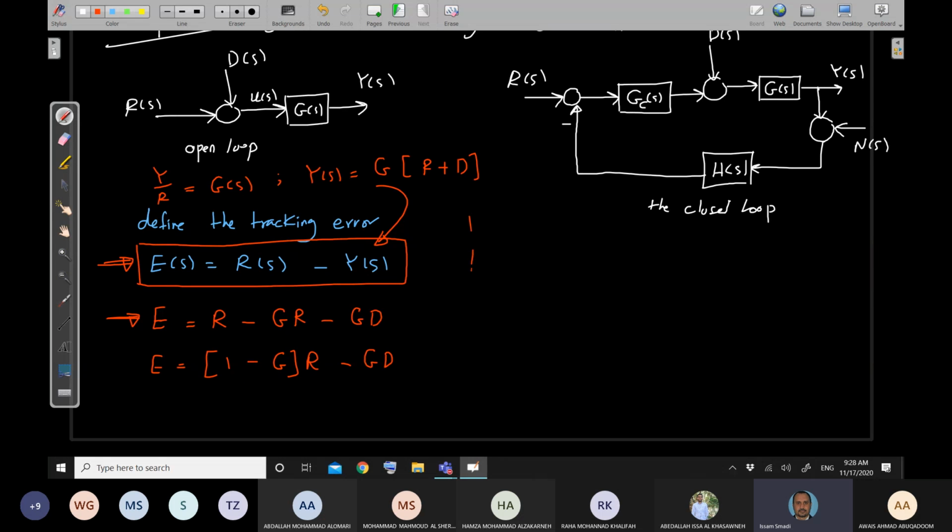Now what about this one here? Who can find the error signal, which is E equals R minus Y? Y equals what here?